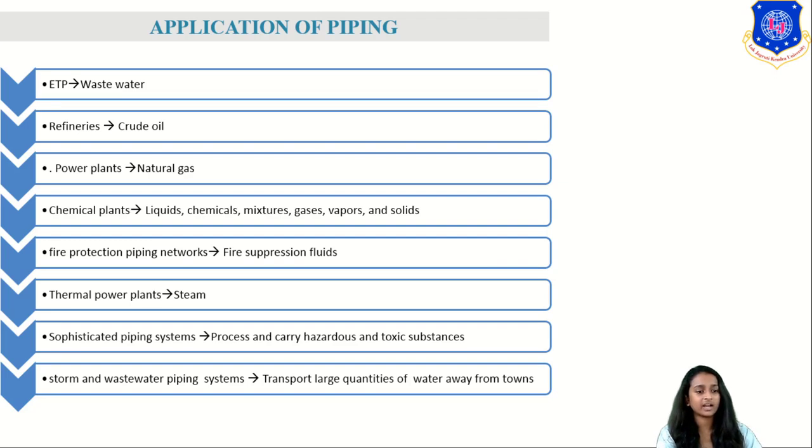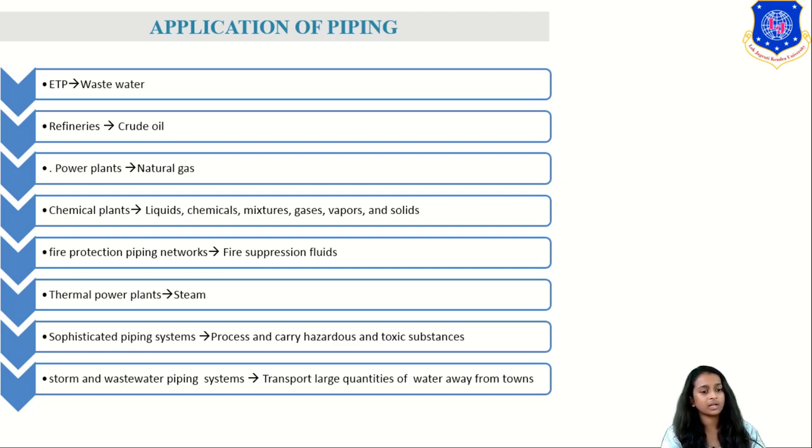In chemical plants, liquids, chemicals, mixtures, gases, vapors, and finely divided solids are transferred from one piece of equipment to another using pipes. In fire protection piping networks, pipe is used to transfer fire suppression fluids.